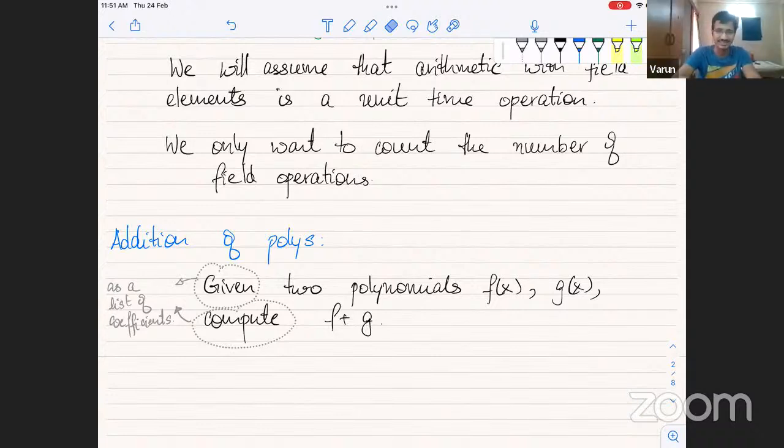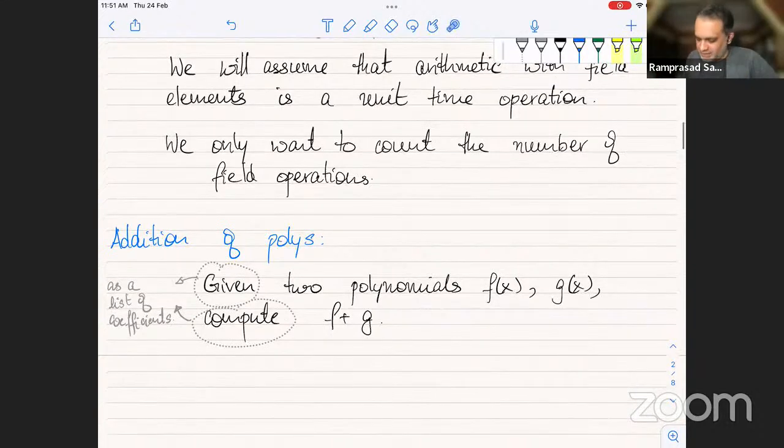Mostly we are going to be interested in some non-field operation. For example, f plus g is one non-field operation because it's an operation on the polynomial side. And I instead want to say, if I'm only allowed to do field operations for unit cost, how many field operations is it going to take?